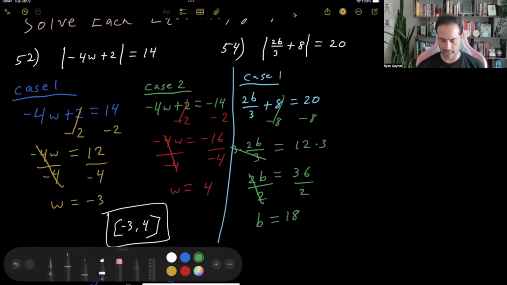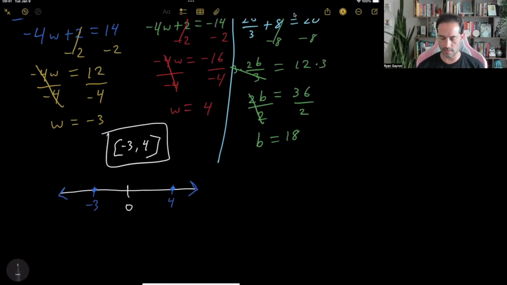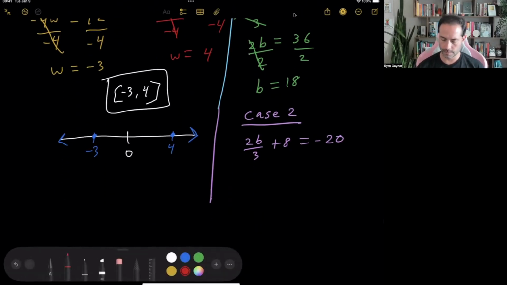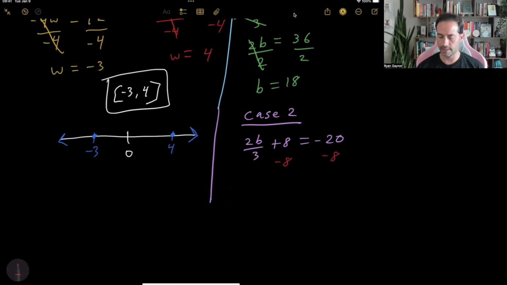Okay, so let's dive into case 2. We have 2b over 3 plus 8 equals negative 20. Subtract 8, cancels out. 2b over 3 equals negative 28. Now I'm going to do this part slightly different because I want to show you a different way. This is actually 2/3 times b.